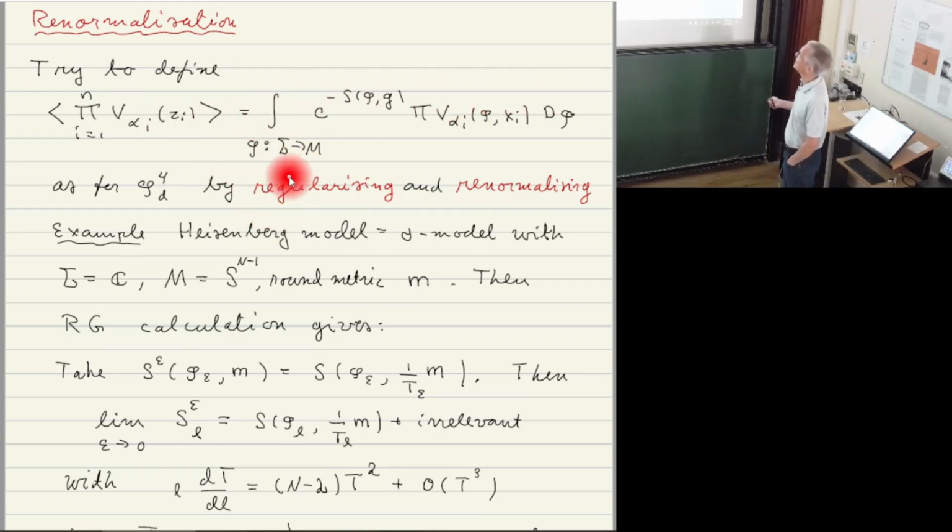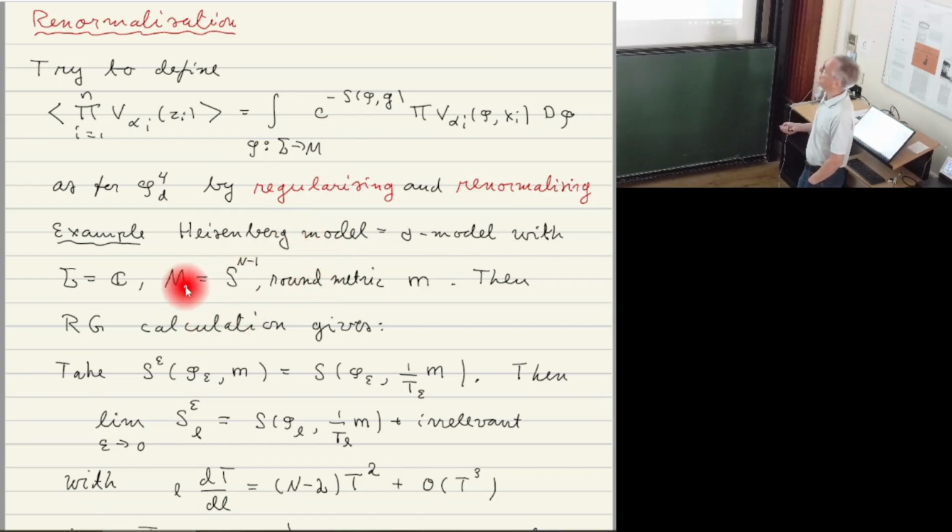So take the exponential of the action, a function of, I had to figure out what the natural fields are here, and then I want to make sense of this path integral. And what did we learn from the phi-4 model? We are supposed to regularize and then maybe renormalize, maybe add some counterterms or something. Okay, so what happens when you try to do that?